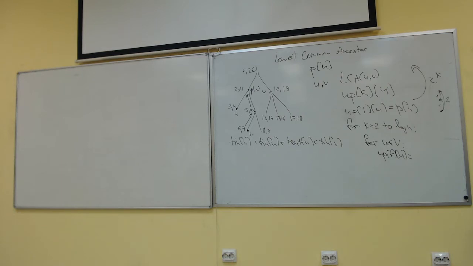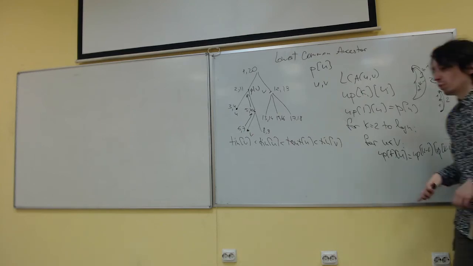Exactly, it is up[k-1] of up[k-1][u]. So it's the parent of the parent: the jump of 2 in the power of k is two jumps of 2 in the power of k minus 1.